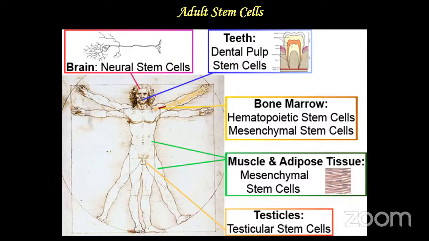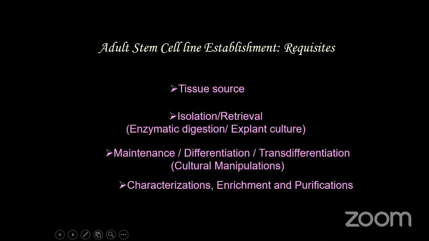But once the threshold is crossed, you are seeing the disease process. As is shown, we have stem cells in different organs. So here also the question comes, how will you get these? You have to think about the tissue source. How do you isolate or retrieve them? Whether you will utilize enzymatic digestion, because these are tissue cells, so you have to get single cells, or you can think about doing explant culture.